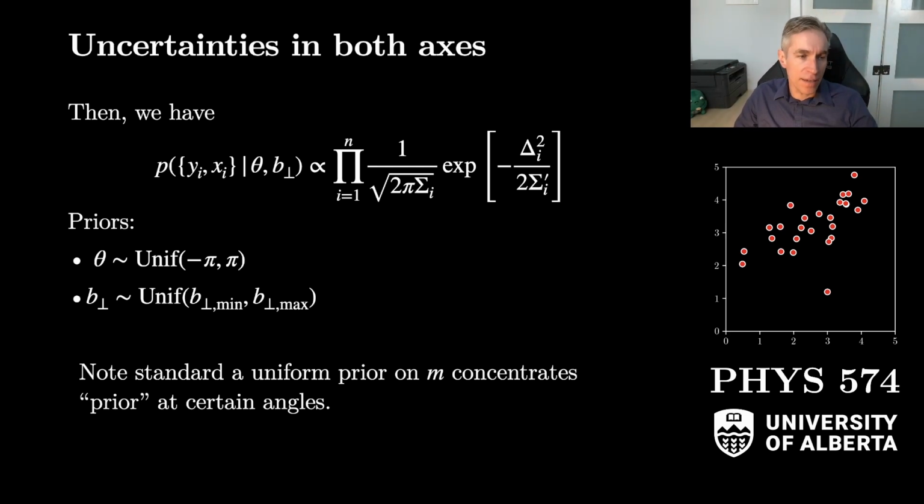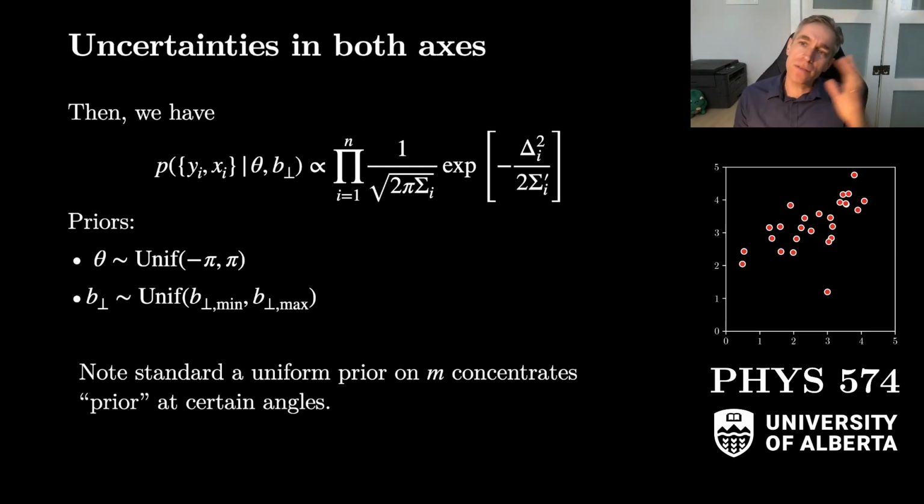And by choosing a uniform prior in angle, we actually allow it to sample all possible angles uniformly. And in an error in variables formalism, that makes sense, because with the normal prior, you would say, okay, the slope is somewhere between, say, 0 and 10 or something like that.